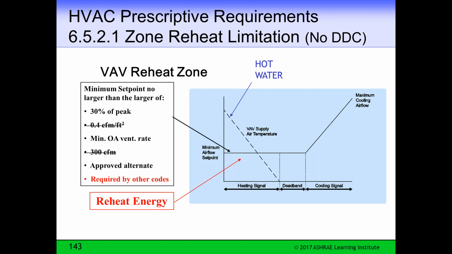Or an approved alternate that the authority having jurisdiction will approve, or if you have other codes such as the healthcare code, the hospital code, or something that requires constant volume boxes, then that's an exception. Now the reheat energy is in that square box.